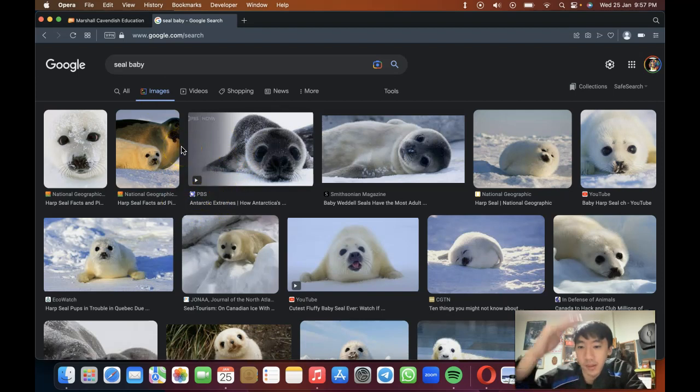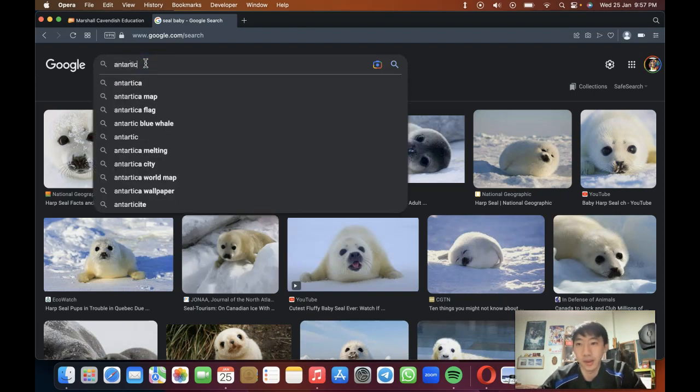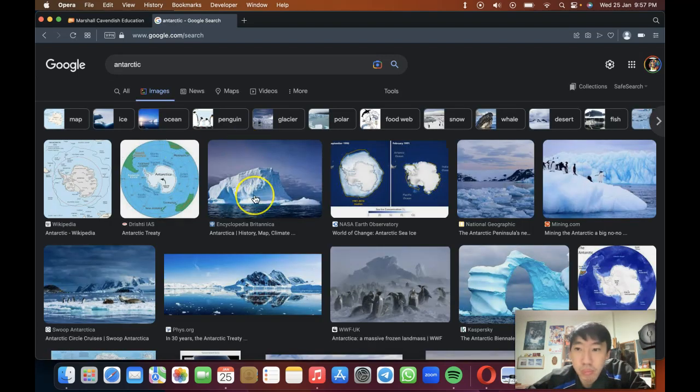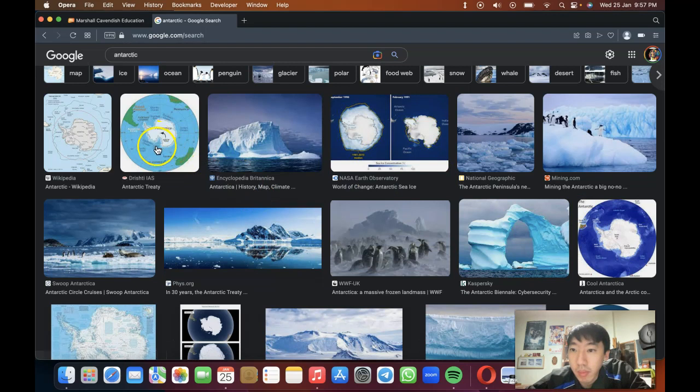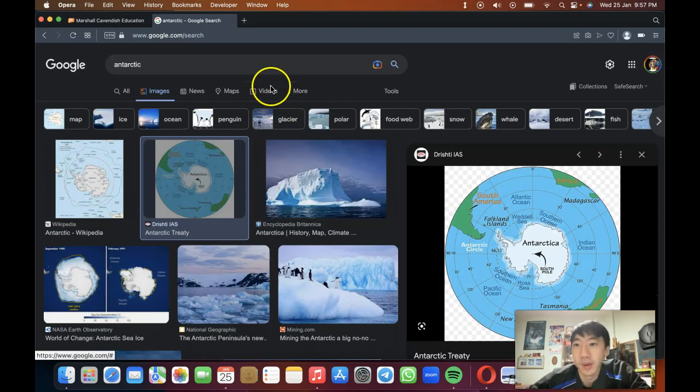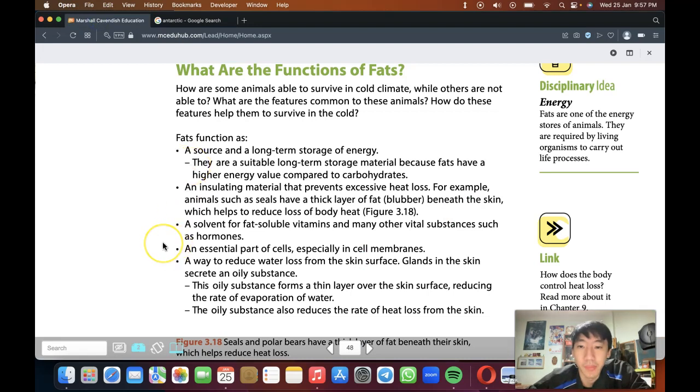Antarctic is at the north or south, I don't quite remember. It's at the bottom of the globe. So there was the seal. Other animals like polar bears also have a thick layer of fat to help reduce the loss of body heat, so they can stay warm for longer periods of time.